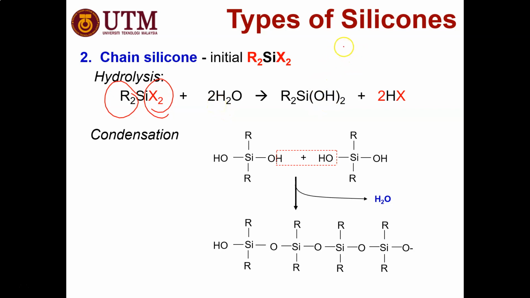So, awak bayangkan R. Kalau bayangkan dengan 2H2O, maknanya 2X ni akan jadi SiOH, OH, R. Plus 2HX lah. Sebab keluar. So, itu the hydrolysis.